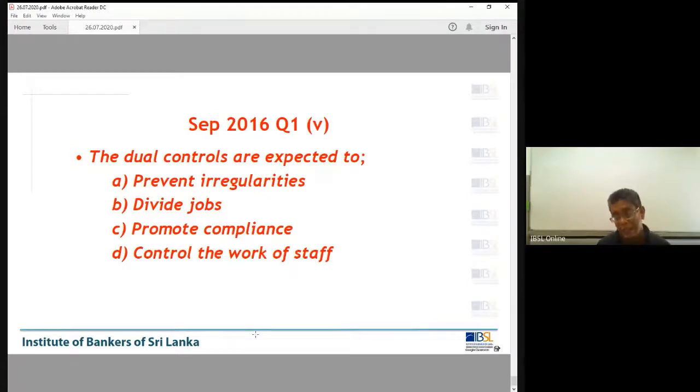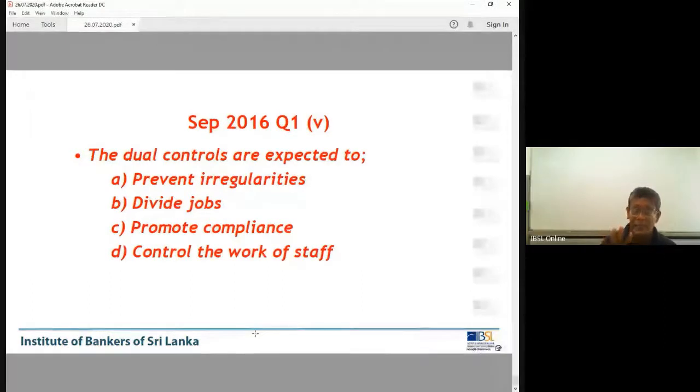So just to sum up what we have discussed today, we discussed the importance of risk. Every financial institution faces different types of risk. The four major financial risks faced by banks are credit risk, liquidity risk, operational risk, and market risk.